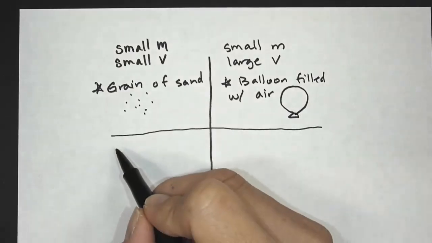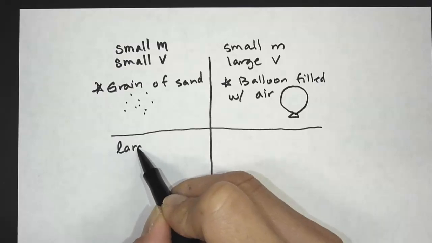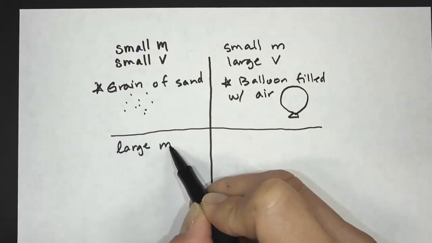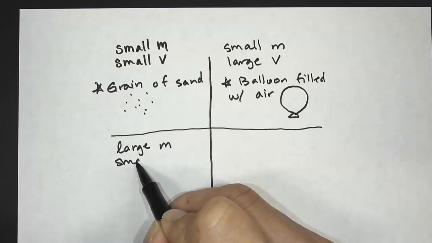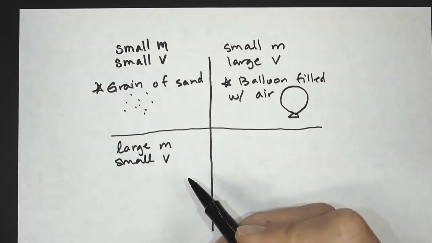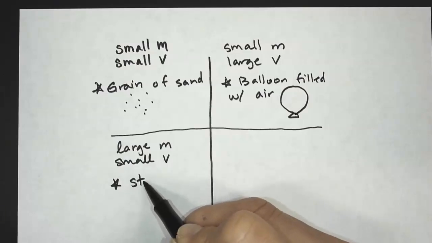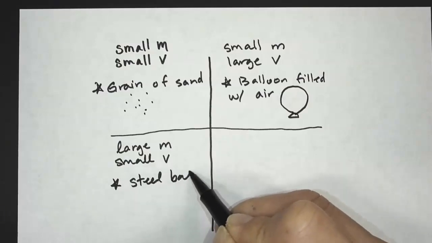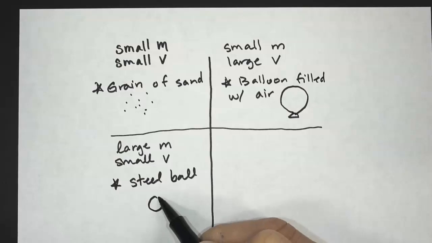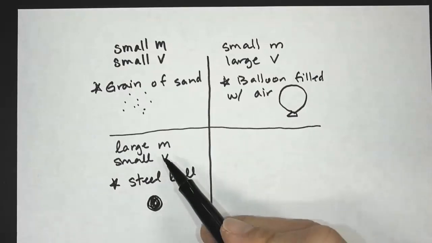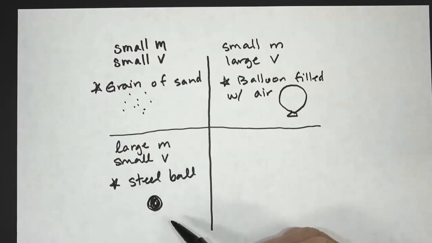Now let's take a look at an object that has a large mass and a small volume. An example of that could be a steel ball. So here's my steel ball: a large mass, but a small volume.